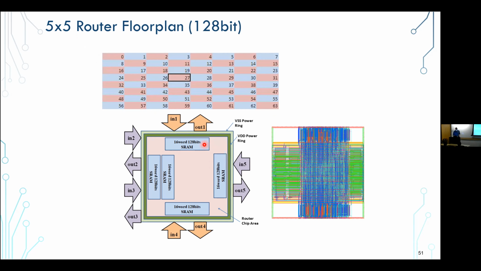So you have the 5 ports, each has a 16-word queue of 128 bits. Because remember, we calculated what's the total length of the message we need to save based on our credit flow control, right? So you have 5 SRAMs, each per port, and then you have to figure out how to do the placement and routing of this.